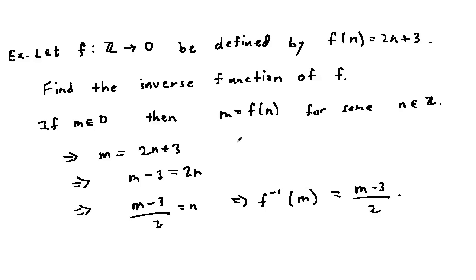Here we picked m in O, and we said that m = f(n) for some n in Z. Okay, and then we found that n = (m - 3)/2. So to get back to n, we would have to do this to m. That's why f inverse of m is (m - 3)/2. Okay, so f inverse gets us back to n.